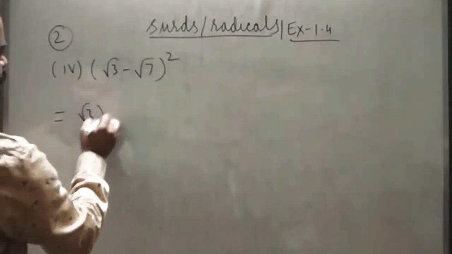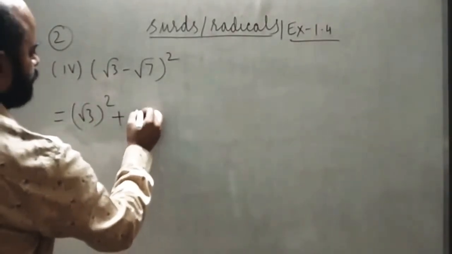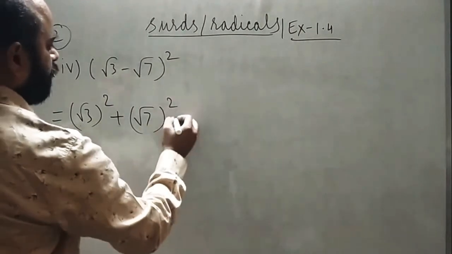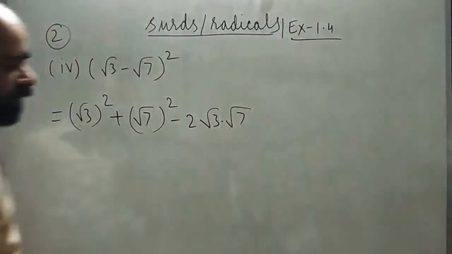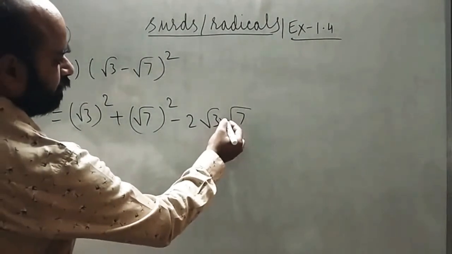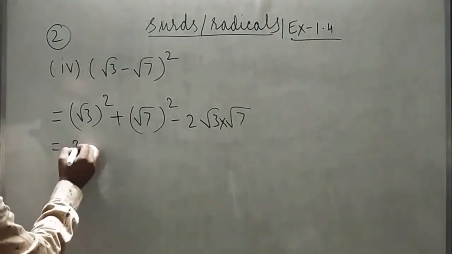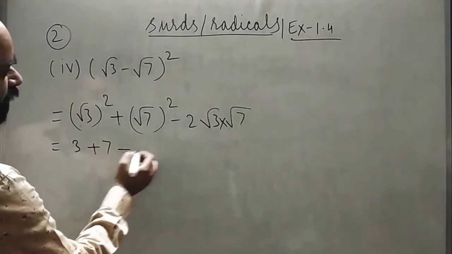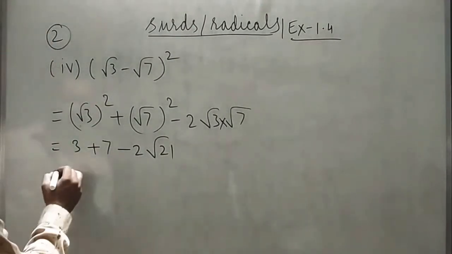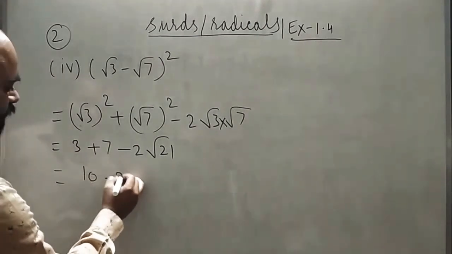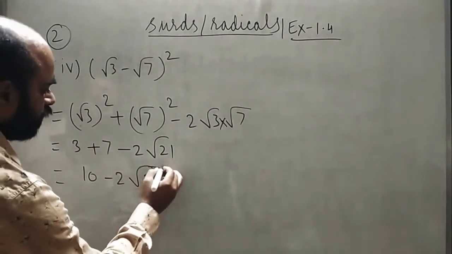A square plus b square minus 2ab. Correct? So this is 3 plus 7 minus 2 root 21. Clear? So this will give 10 minus 2 root 21.